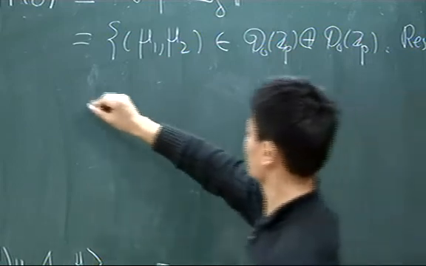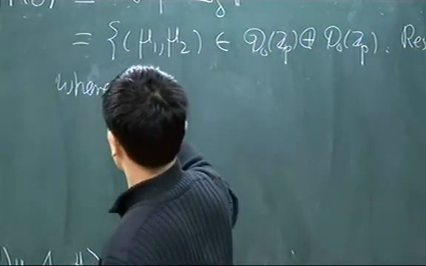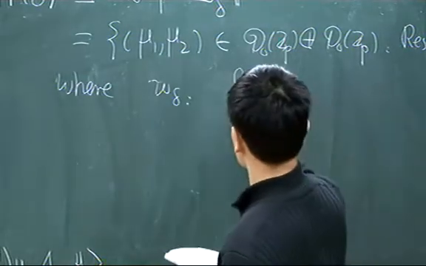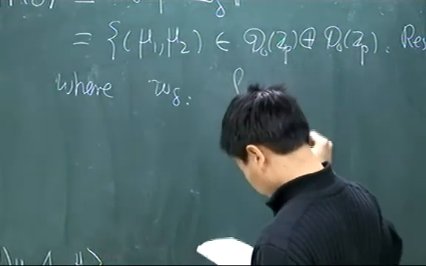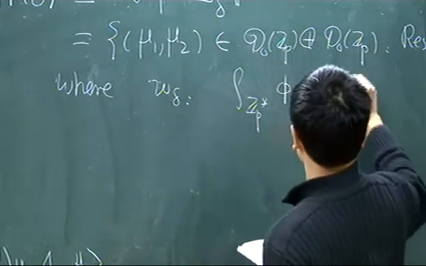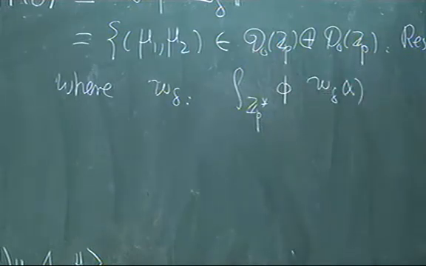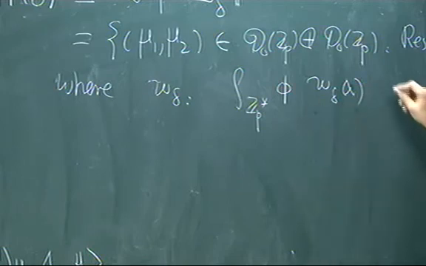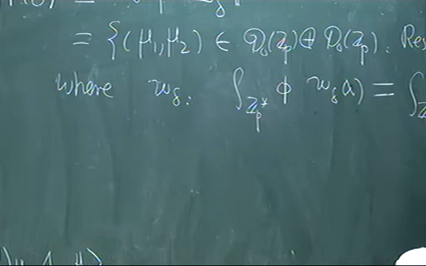Well, what is this? It's just defined by this. If you have a measure over Z_p star, and then you just define this as delta(x) phi(1/x) and lambda. Okay.